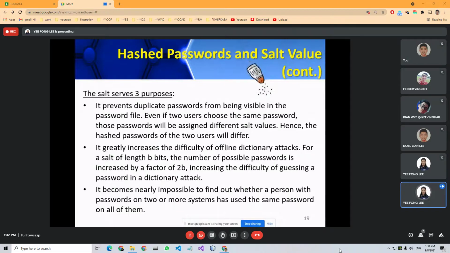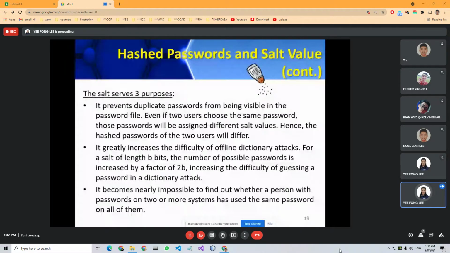First purpose, prevent duplicate passwords from being visible in the password file, even if two users choose the same password. Supposedly, the same password comes out with the same hash. But now, when the password is assigned a different salt value, the hash will be totally different. So it overcomes the risk of guessing.